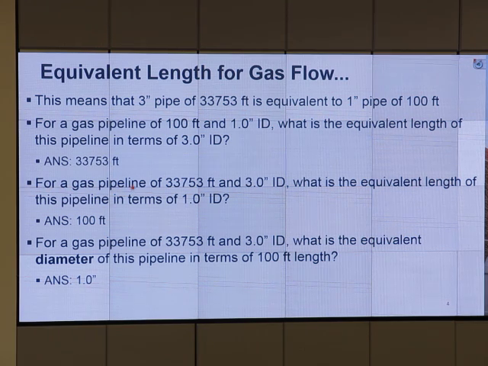For a gas pipeline of 3 inch and 33,753 feet long, what is the equivalent length of this pipe in terms of 2 inch ID? I don't know. Is it 100? No, it's not 100. Is it longer than 100 or less than 100? It'll be longer. Good.